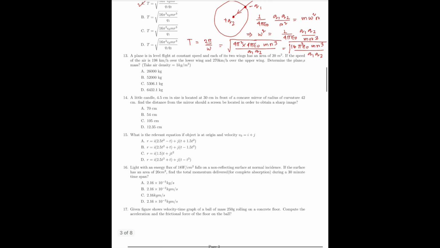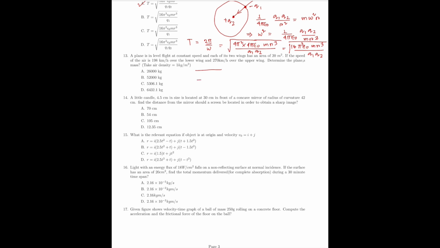Now the question is, a plane is in level flight at a constant speed, and each of its two wings has an area of 20 meters square. If the speed of the air is 190 km per hour over the lower wing and 270 km per hour over the upper wing, we have to find the mass of the plane.